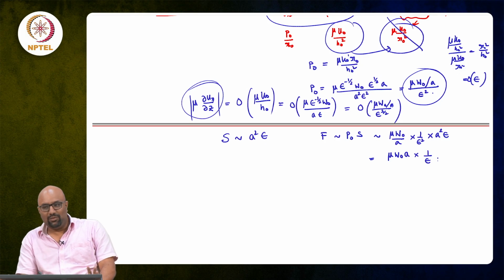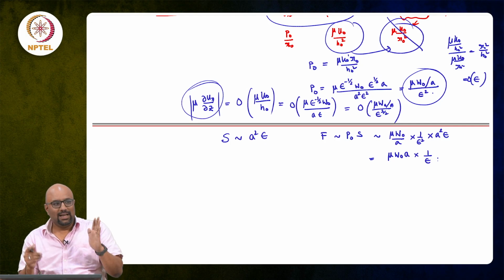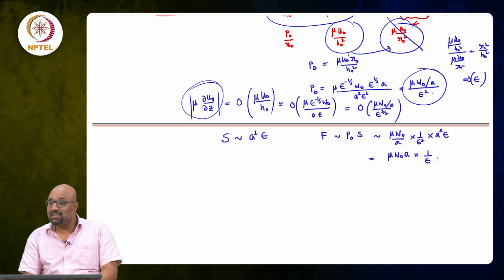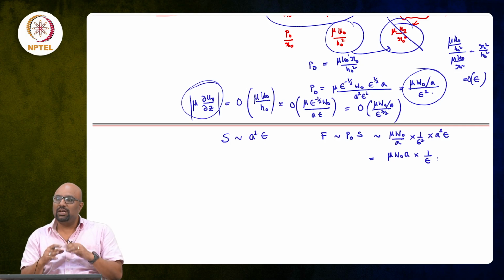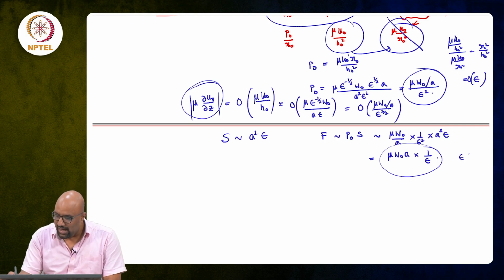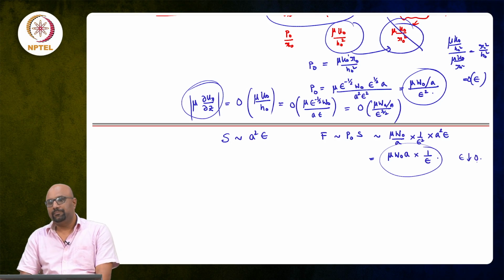Again, we are going to find what that prefactor is. We will work that out, but you should be convinced about this way of arriving at the scaling: as you bring two surfaces close to each other, the pressure acting on the surfaces is going to far exceed the viscous stress contribution, and this pressure is eventually responsible for the surfaces experiencing a force that diverges as epsilon goes to 0.